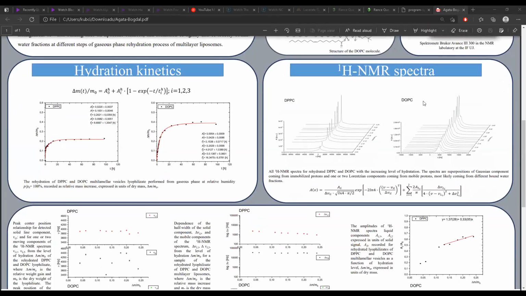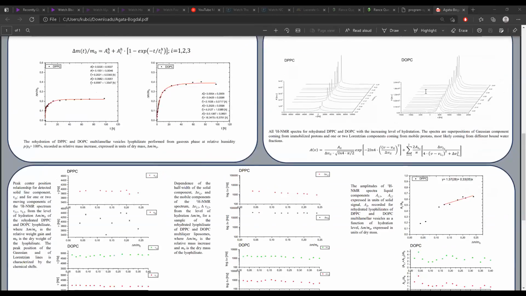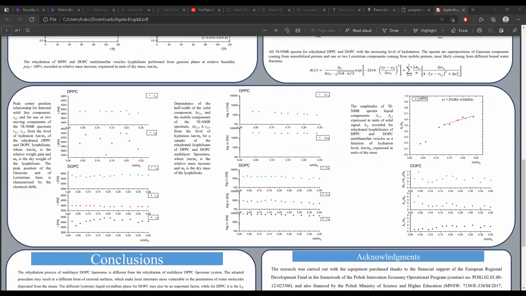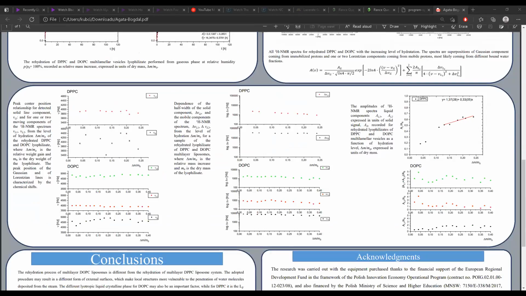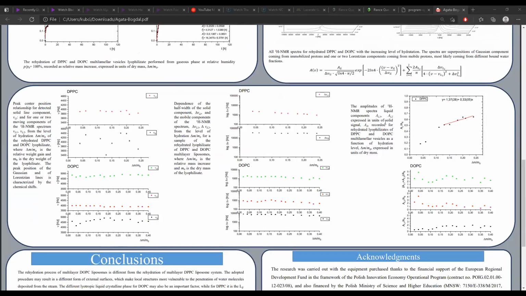In the NMR spectra, we distinguished two Lorentzian peaks, and one Gaussian function was fitted, for DOPC liposomes and DPPC liposomes.